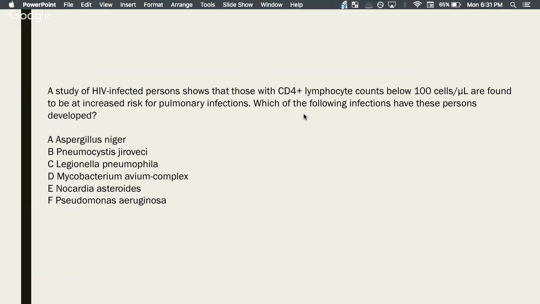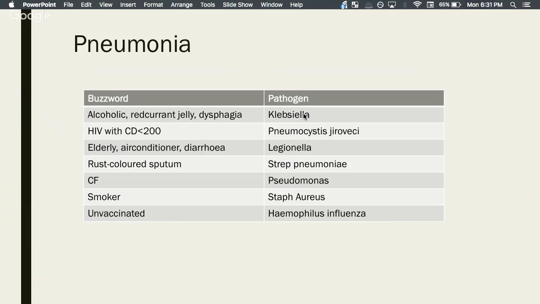Can anyone hazard a guess? Please. Yeah, perfect. Okay, so in terms of the causes of pneumonia, these are basically the buzzword causes. If you have an alcoholic with sputum that looks like red currant jelly, you're looking at a Klebsiella type picture. For any immunocompromised patient, particularly HIV, you're looking at PCP.